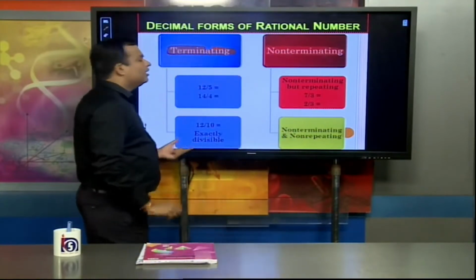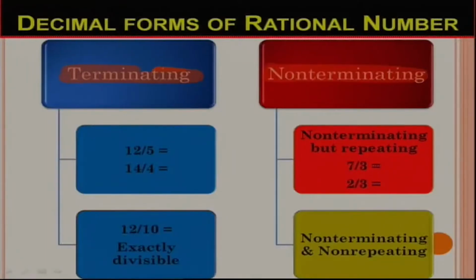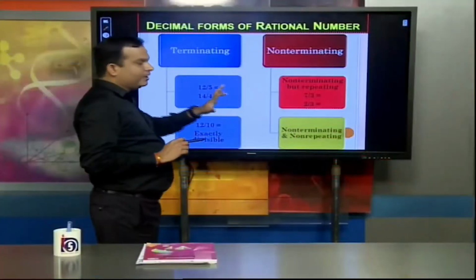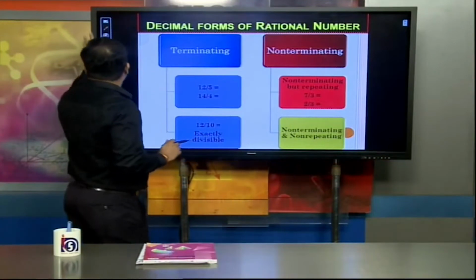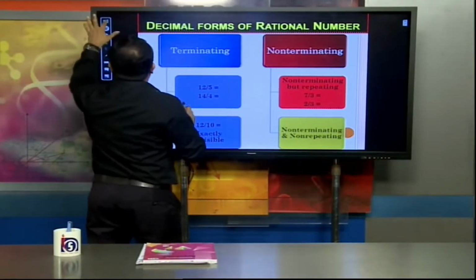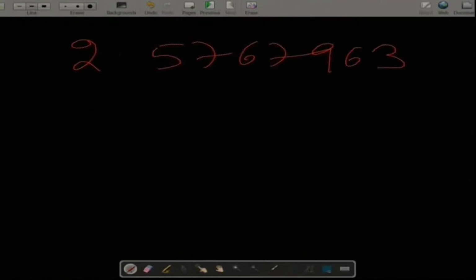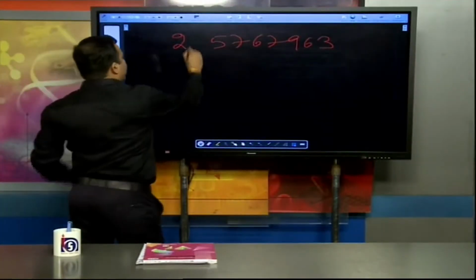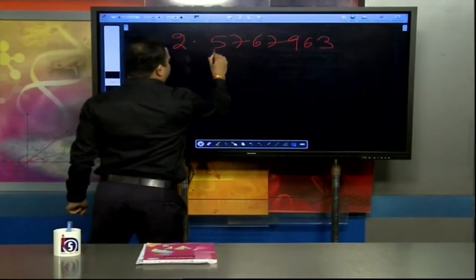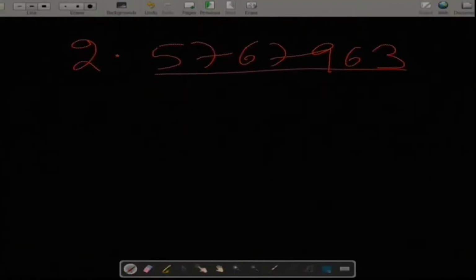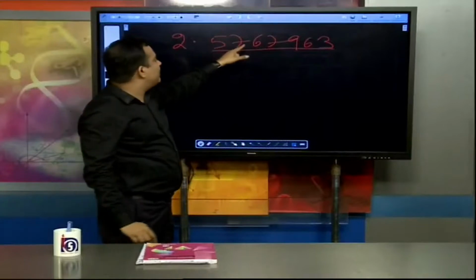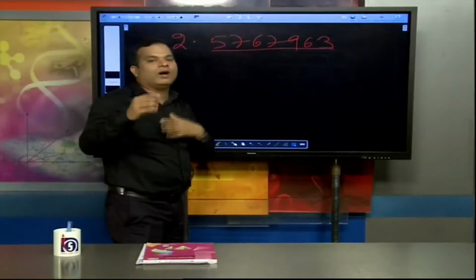Non-terminating, non-repeating. For example, suppose the value is like this: 2.5767963. Here after the decimal point, the numbers are not repeating: 5, 7, 6, 7, 9, 6, 3, 2, 1, like that.